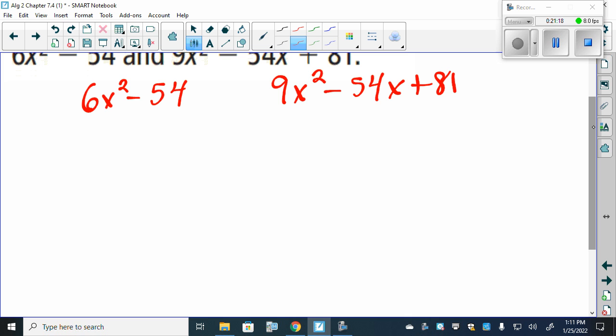Now, the first thing we need to do to find the least common multiple is going to be to factor these. So if we look at the 6x squared minus 54, well, the first thing we can do is what? Factor out the 6, because 6x squared and 54 do have a greatest common factor of 6. And if we factor the 6 out, we're left with x squared minus 9.